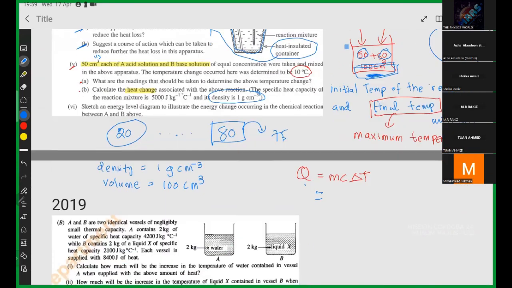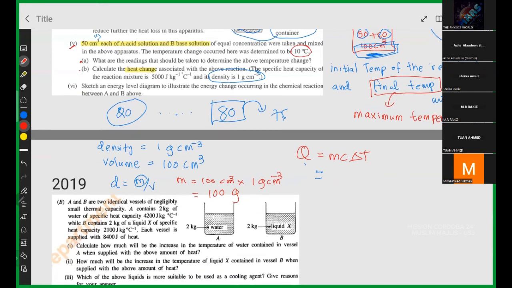And what is the equation? In chemistry, you learn it: density equals mass divided by volume. You need to find mass, so mass equals density times volume. 100 centimeter cube multiplied by 1 gram per centimeter cube. So what will be the mass? 100 grams. That's it.